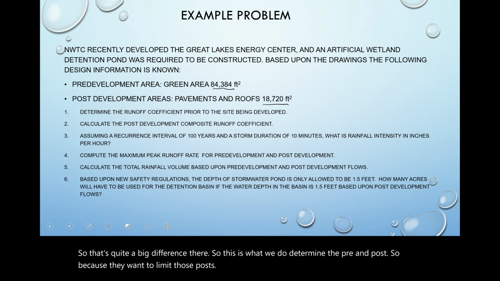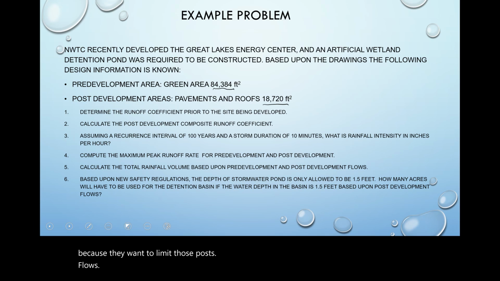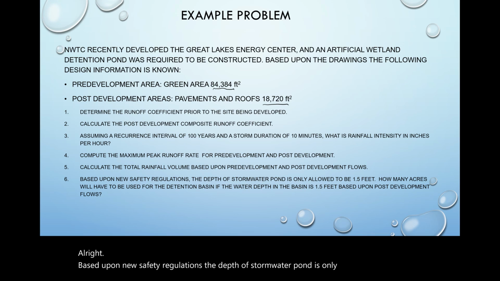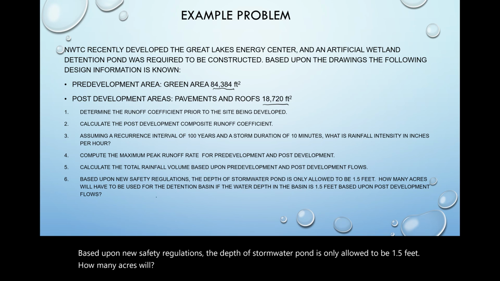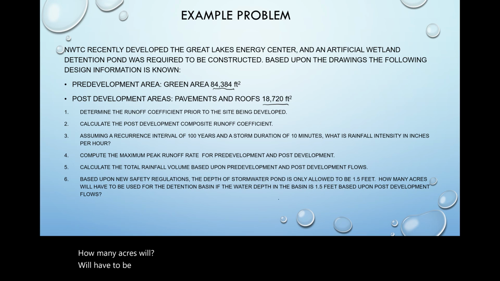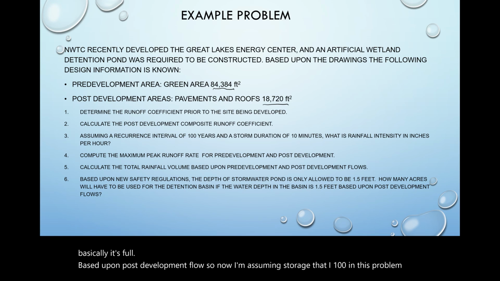Okay. All right. Based upon new safety regulations, the depth of a stormwater pond is only allowed to be 1.5 feet. How many acres will have to be used for the detention basin if the water depth in the basin is 1.5 feet? So basically it's full based upon post-development flows. So I'm assuming storage, in this problem I want 100% storage.